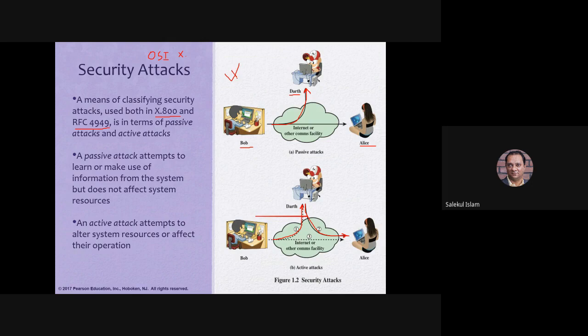Bob is sending some messages to Alice, but Dart is keeping a copy of those messages. So definitely Dart is able to see what Bob is sending to Alice. Here we consider maybe they are not using any kind of encryption.